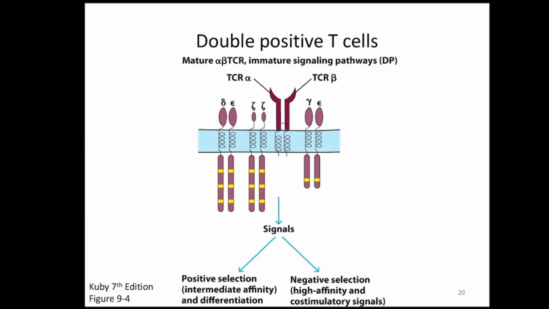And we can think about this test that these cells are doing with a model that immunologists talk about all the time, which is known as the Goldilocks model of T cell development.